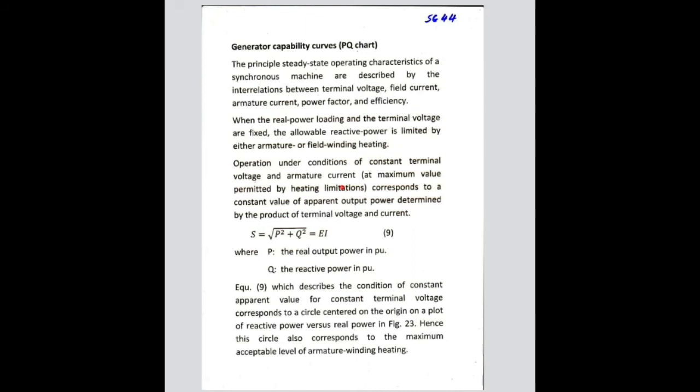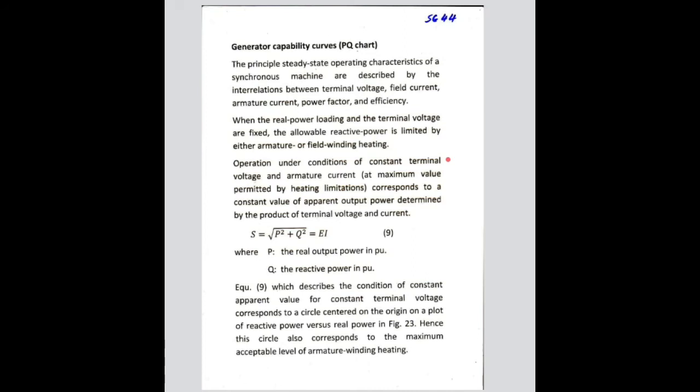So basically we'll operate the generator to deliver a current of 1 per unit, which is the rated current, and we will fix the terminal voltage also at 1 per unit, which is its maximum value.